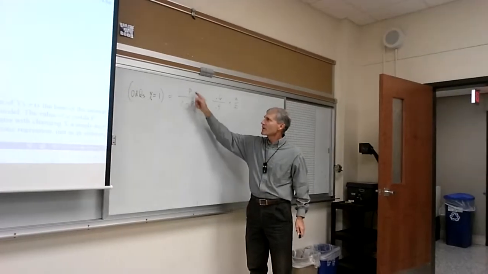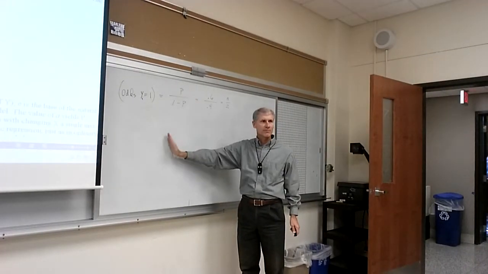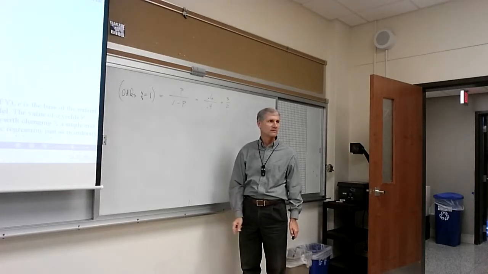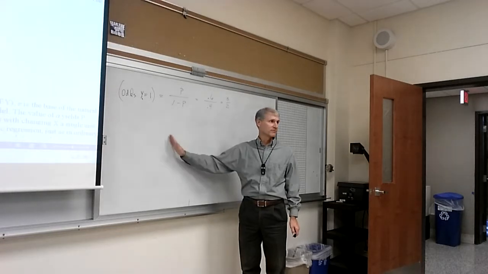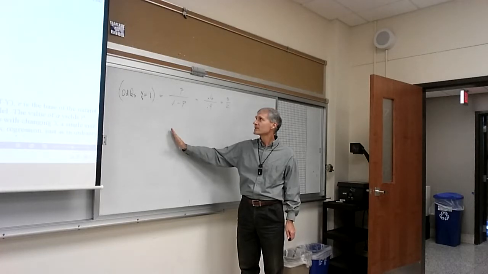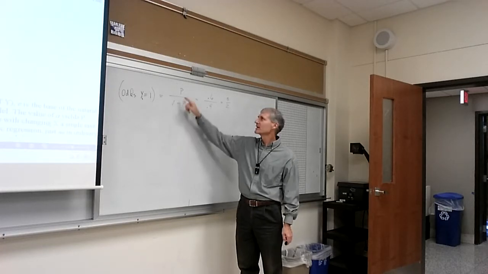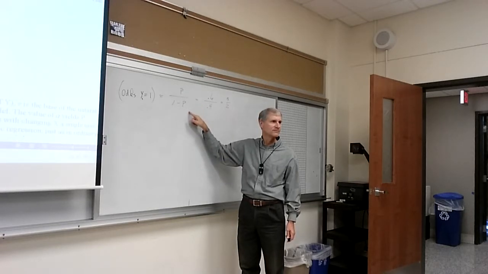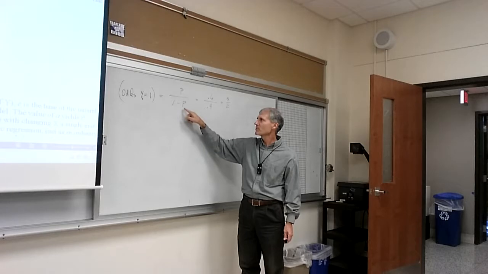Now, probabilities are limited to be between 0 and 1. What about odds? They can't be negative, right? Can they be 0? Yes, because if the probability is 0, then the odds are 0. But what if the probability is really, really close to 1?